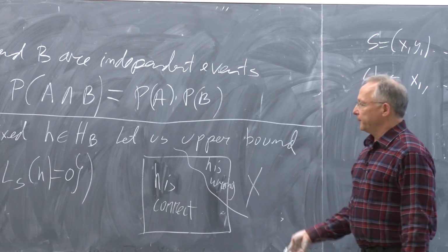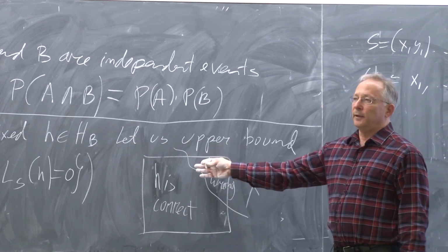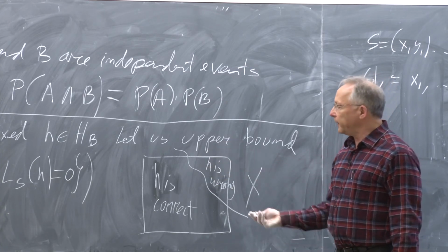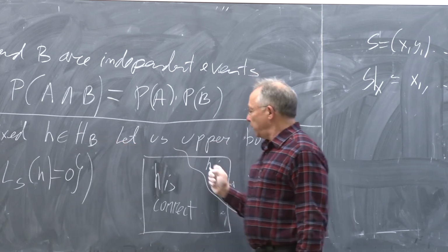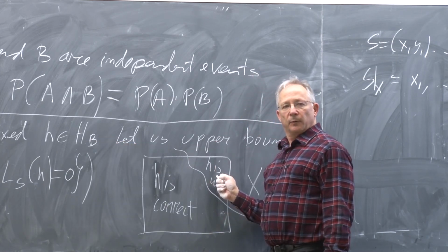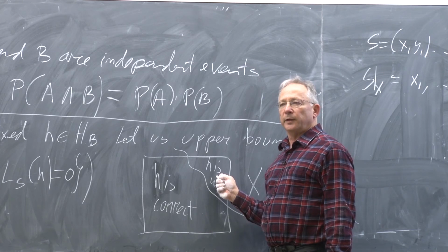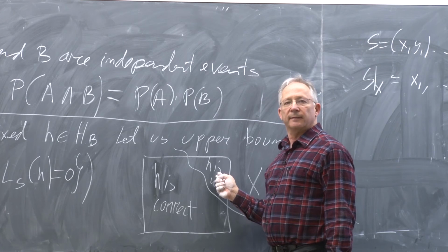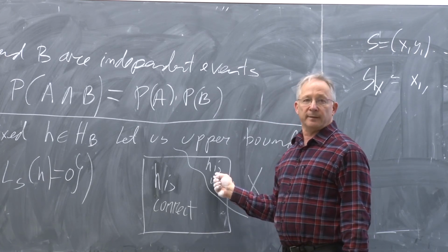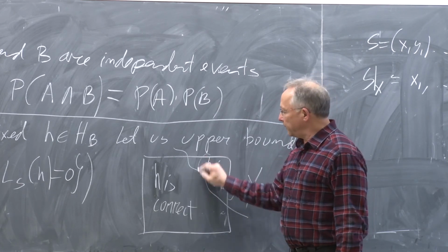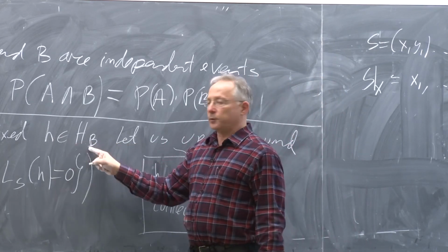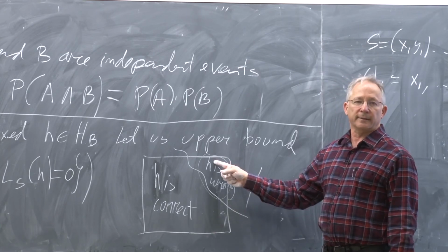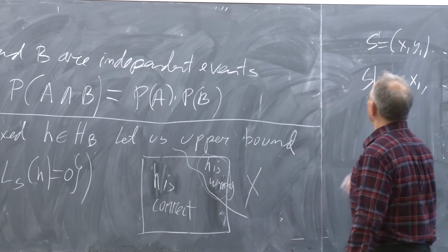Or in other words, the set where h is wrong is the set of all points on which h of x is different from f of x. What do I know about this set if h belongs to H bad? I know something about its size. Yes? Its probability is at least epsilon.